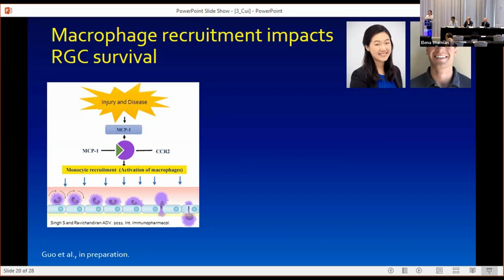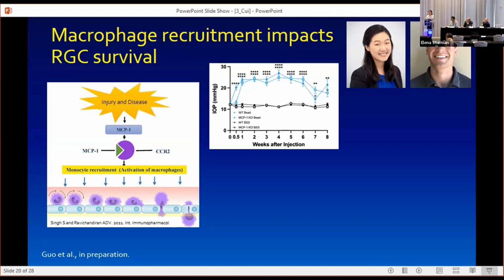And there is suggestion in the literature that MCP1 levels in the circulation are correlated with glaucoma severity. Specifically, higher levels of MCP1 are associated with worsening visual field progression and also with increased rates of surgical failure. This is work done by Michelle Guo and Turner Schwartz, who are both medical students at Penn.